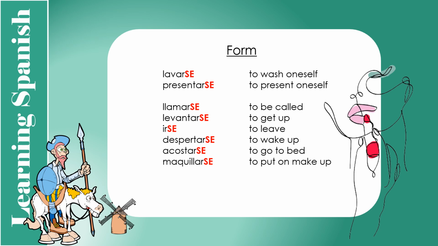A few examples: lavarse, to wash oneself; presentarse, to present oneself, but also llamarse, to be called; levantarse, to get up; irse, to leave; despertarse, to wake up; acostarse, to go to bed; maquillarse, to put on makeup. And from the examples you see that there are many verbs that are reflexive in Spanish, but not in English.